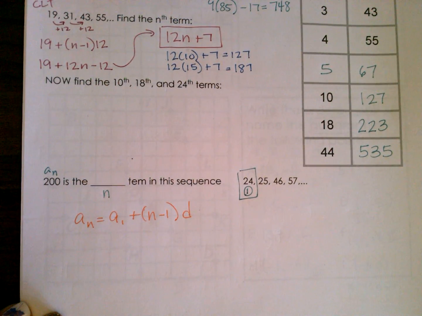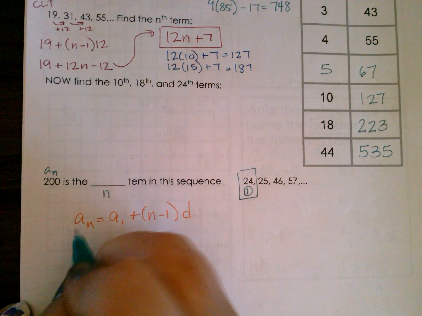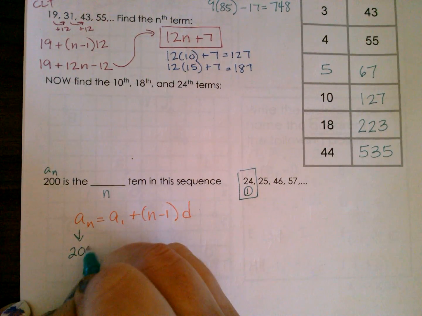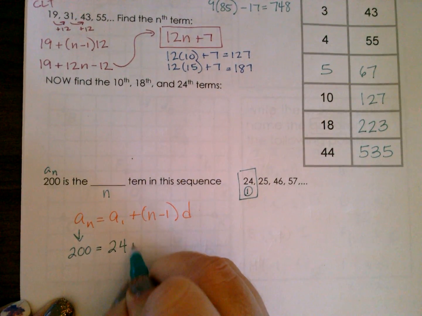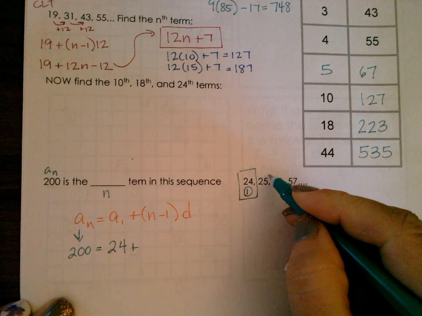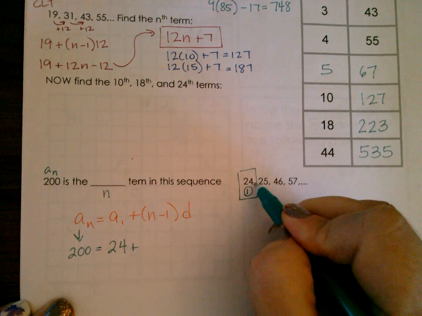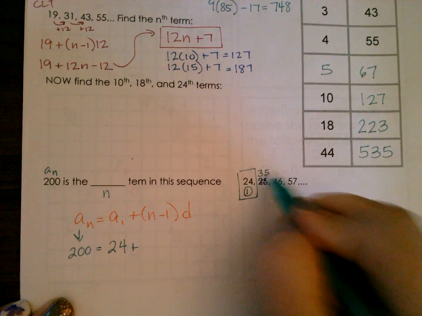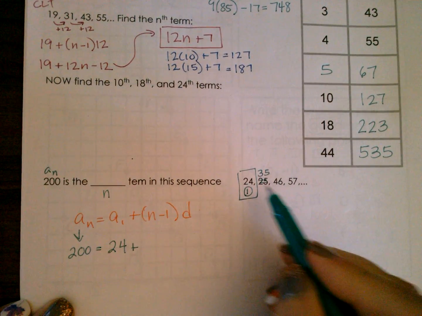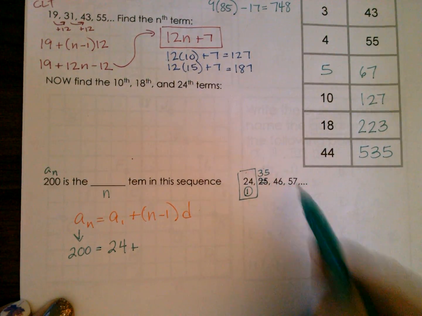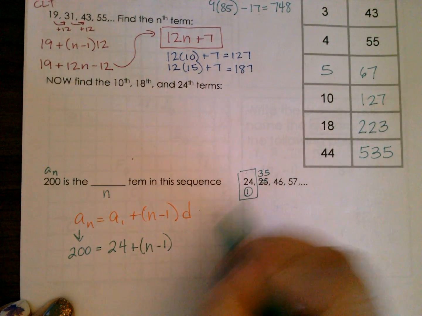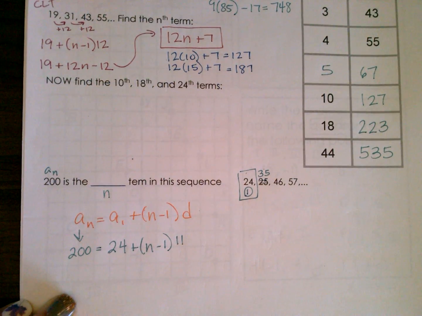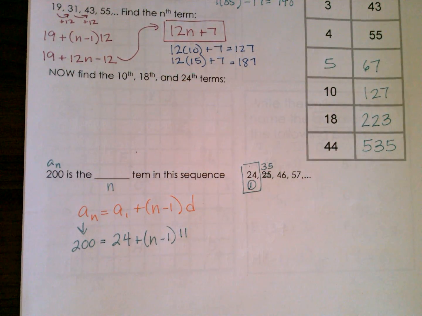Now what is our common difference? This should be a 35. My apologies. How are we going from one to another? We are multiplying or adding by 11. This is just turning into a fancy two-step equation. Combine your like terms.